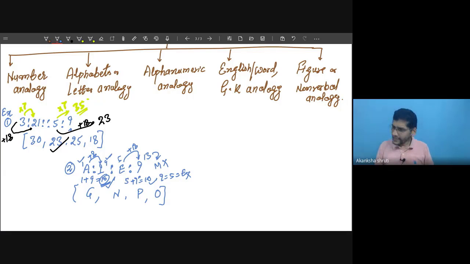So A, E, I, O, U. A, E, I, O, U. What are these? So this is forming one group. So here we are observing the first pair is of the same group. The second pair, E, is also belonging to this group, the AEIOU group.